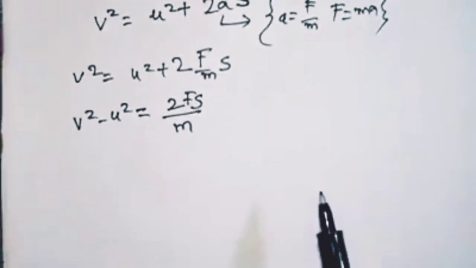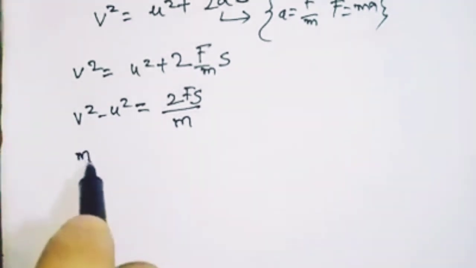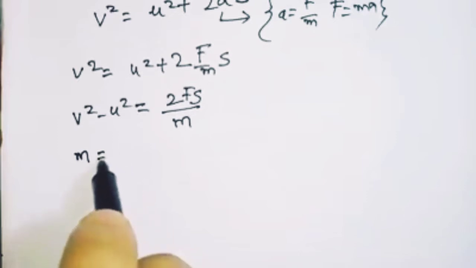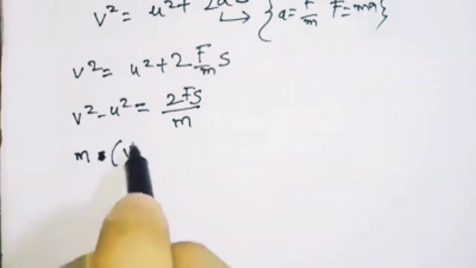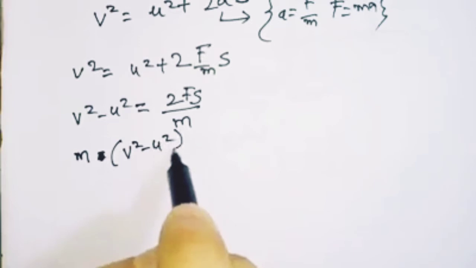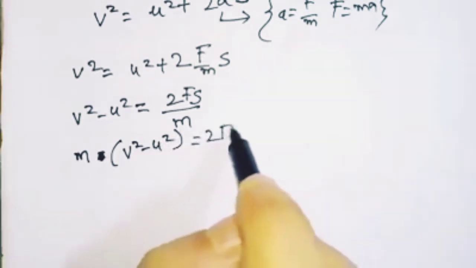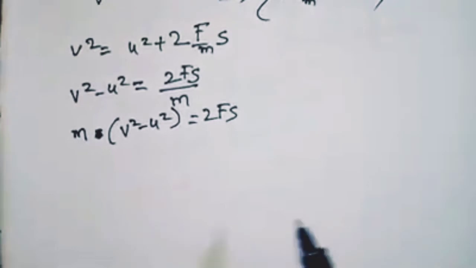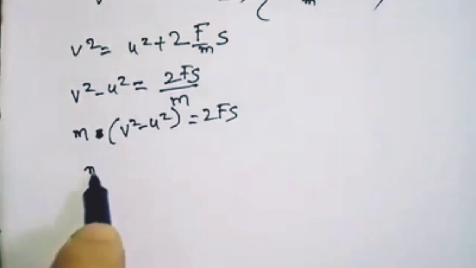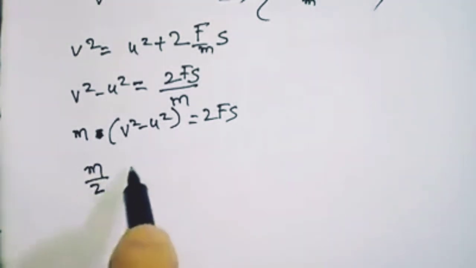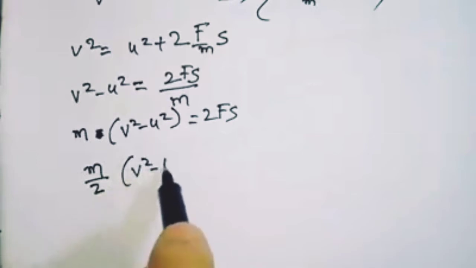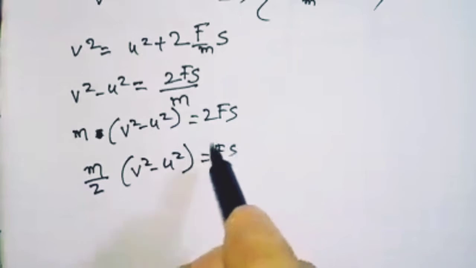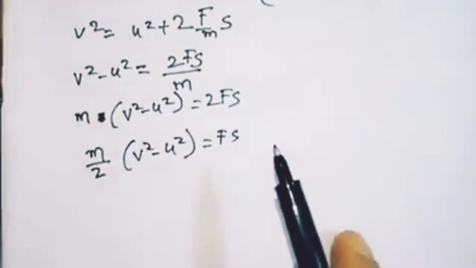From there further we get m times (v squared minus u squared) equals 2fs. We're just proceeding with the normal algebraic formulas, nothing difficult. From here what we can also write is that m by 2 multiplied by (v squared minus u squared) equals fs. I am bringing this 2 down here, so it would be m by 2.